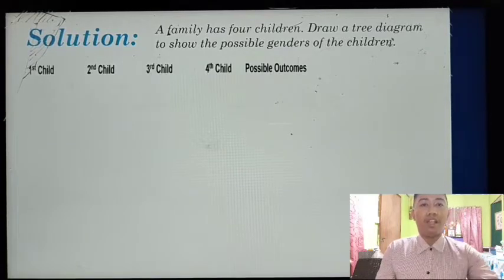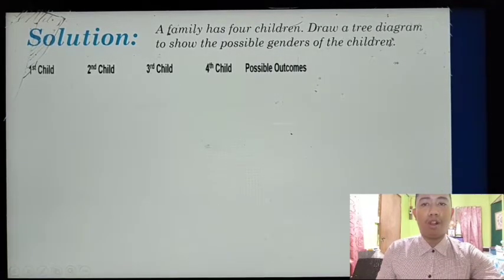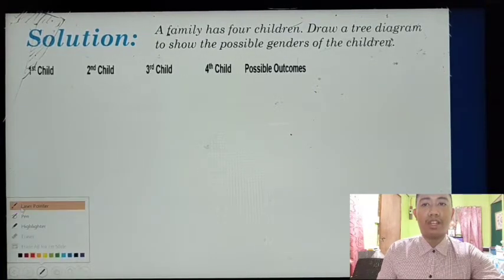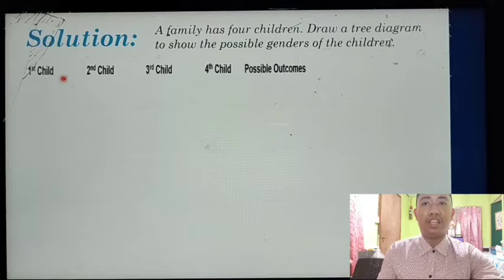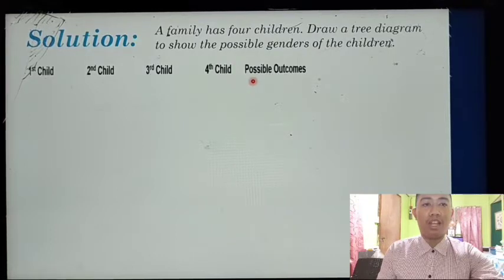So we have the table, and we are using the tree diagram. We have the first child, the second child, the third child, and the fourth child, and in the last column we have the possible outcomes.